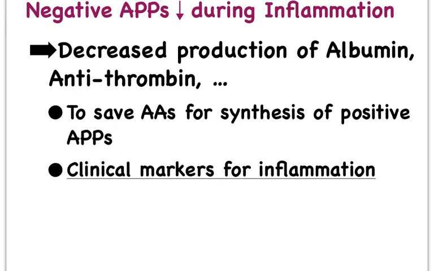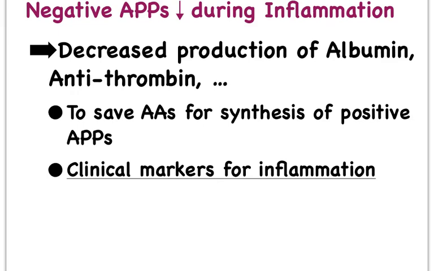So there are also proteins in our blood that decrease in concentration during inflammation, and we refer to them as negative APs. So we're going to see a decreased production in albumin or antithrombin. Albumin really doesn't have anything to do with inflammation, which is why they are called, probably, negative acute phase proteins. But the thing is that their concentration begins to drop.